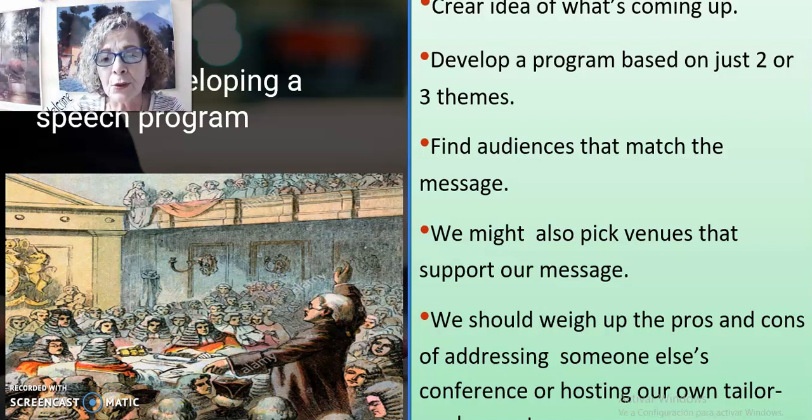We might also pick venues that support our message. And we should weigh up the pros and cons of addressing someone else's conference or hosting our own tailor-made event.